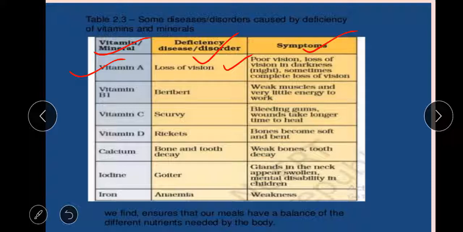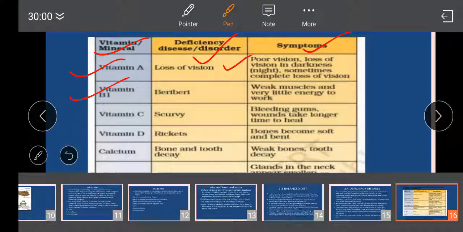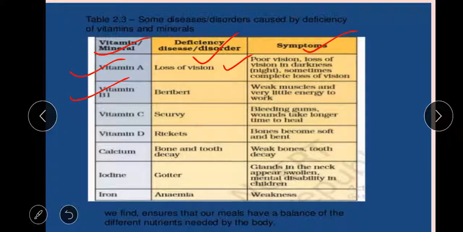So take care and get plenty of vitamin A rich food. Vitamin B1, in this case the disease that will occur in the body is very weak muscles and very little energy to work.